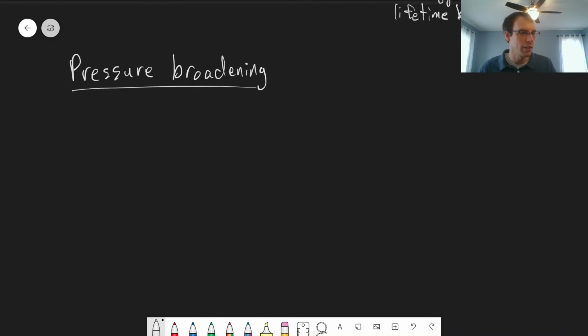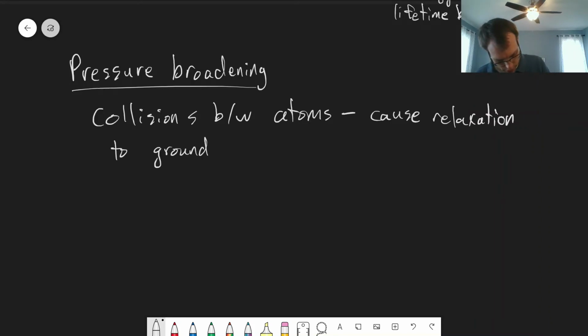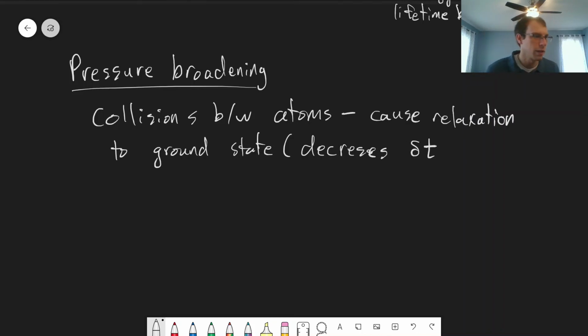For pressure broadening, on the other hand, this depends on collisions between atoms and whatever else your sample is in. Collisions between atoms can cause relaxation to the ground state, and effectively that decreases the lifetime, delta t, and the number of collisions you get depends on the pressure.